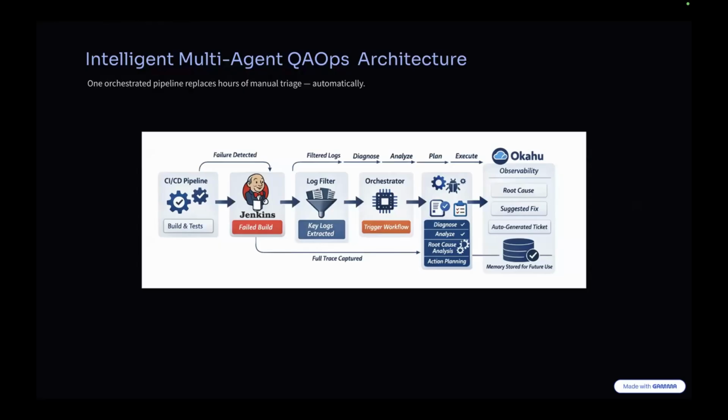So let's see how this intelligent multi-agent architecture works in the backend. Whenever the CI/CD logs are running or the tests give us failed results, they are passed into the log filter, which extracts only the key error signals and passes them to the orchestrator. The orchestrator then triggers the automated workflow of all four agents, calling the multi-agent pipeline step by step. The diagnose agent identifies what has failed.